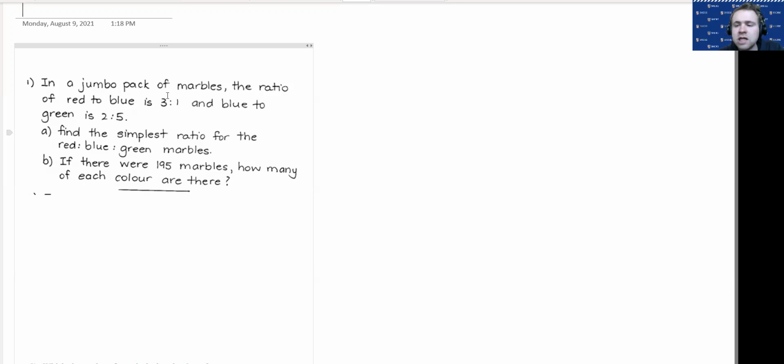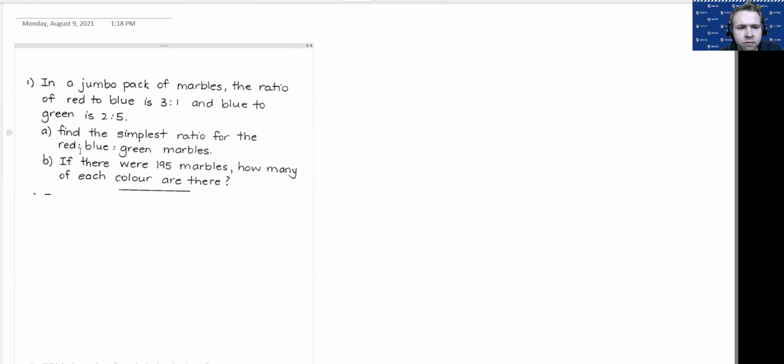I need to change one of the ratios so that blue is the same number in both cases. In the second ratio, blue is 2, but in the first one, it's only 1. So if I multiply both parts of the first ratio by 2, then blue will be the same in both.